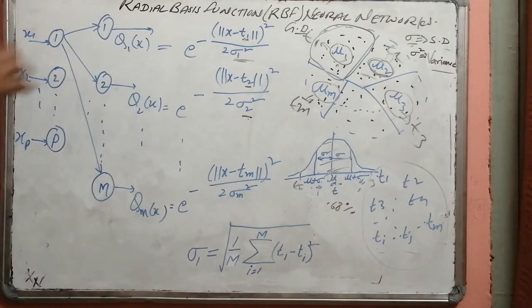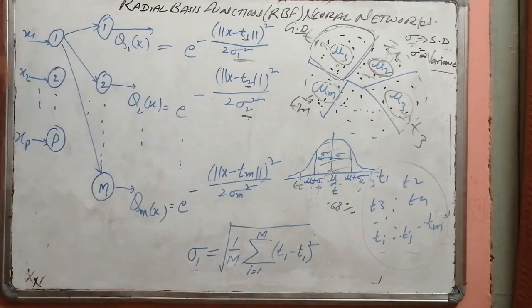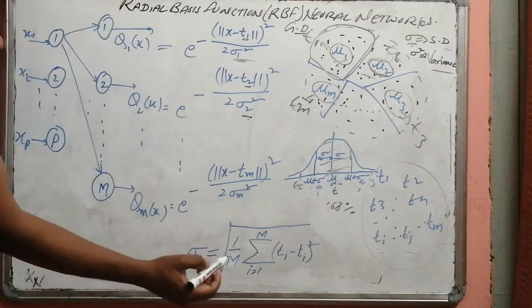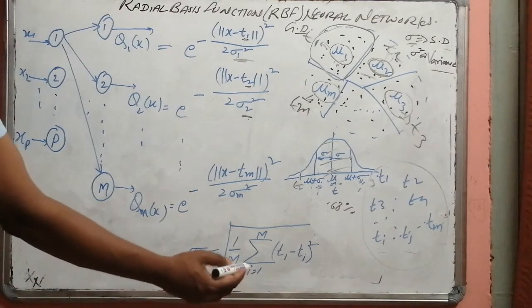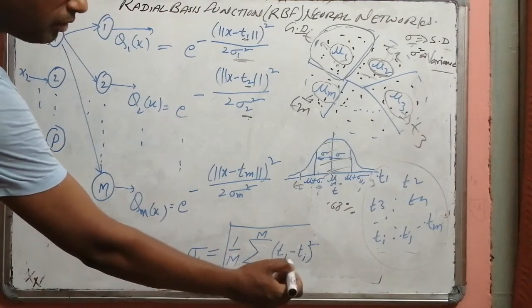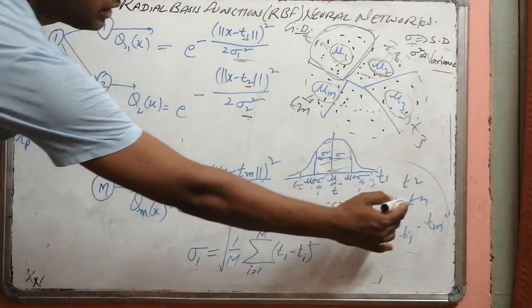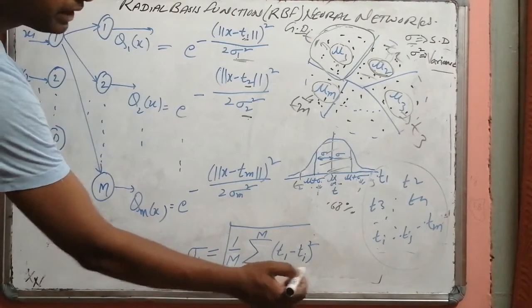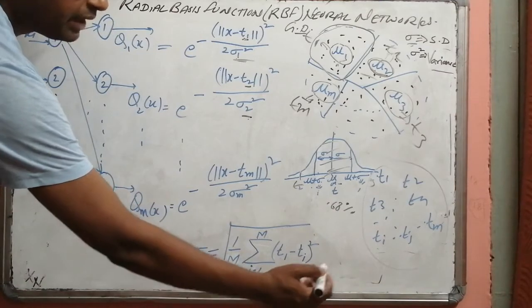For finding the standard deviation around your first radial basis function, we have to follow this equation. It will be the average of the summation of T1 minus T2, T1 minus T3, T1 minus T4, up to T1 minus Tm.